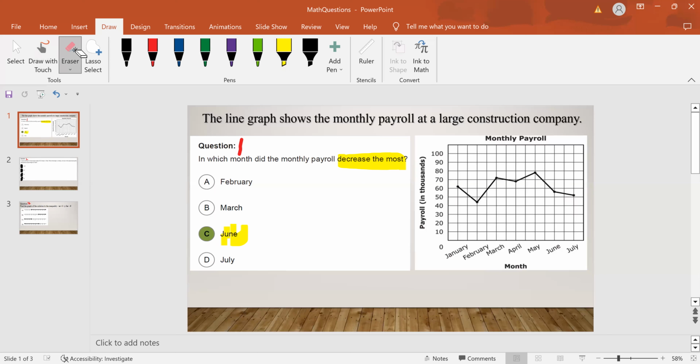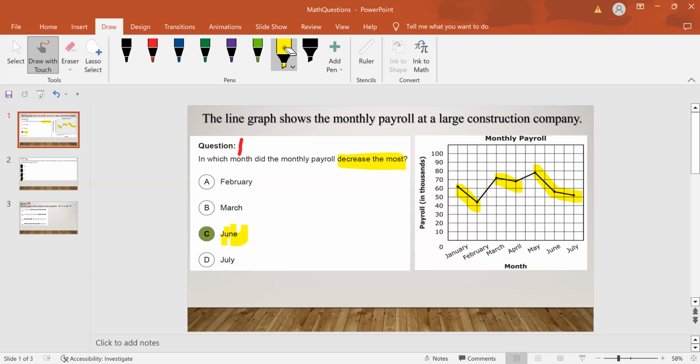When they say decrease, you have to understand that decrease means here going down. On the graph, we see that the graph is going down on this side, also going down here, going down here, and here.